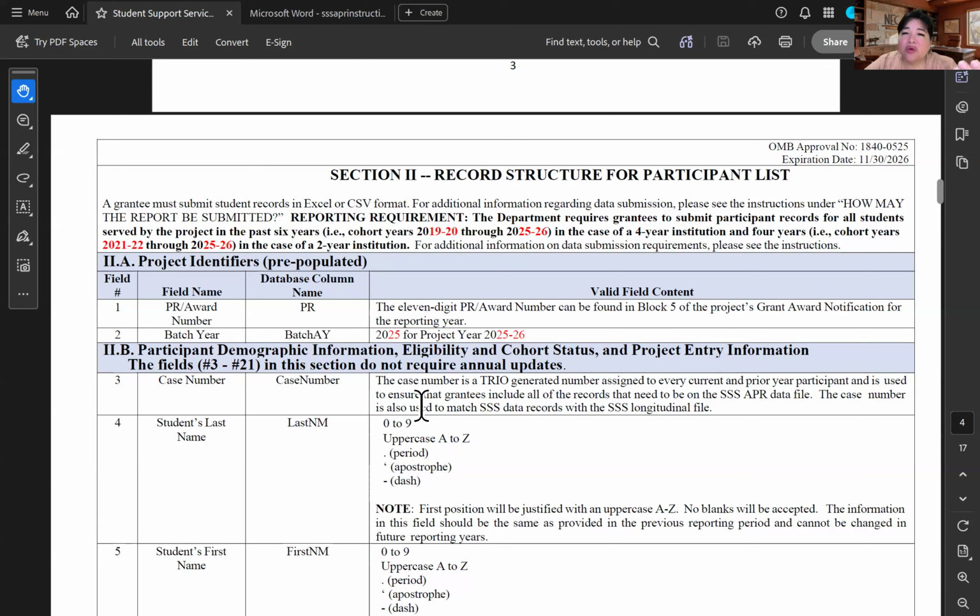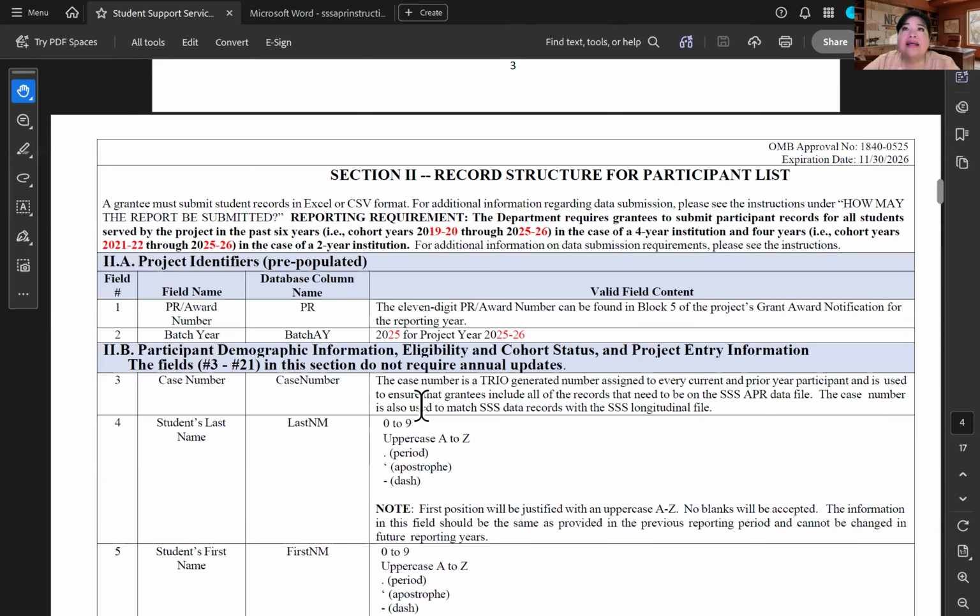Sometimes people like to do it right away so that when the APR is finally turned in, instead of having two sets of students that don't have any case numbers, which would have been last year's new students that are now continuing students in 26-27 but don't have a case number because you didn't import it over, the only students they see in their database during 26-27 that do not have a case number are true new 26-27 students.